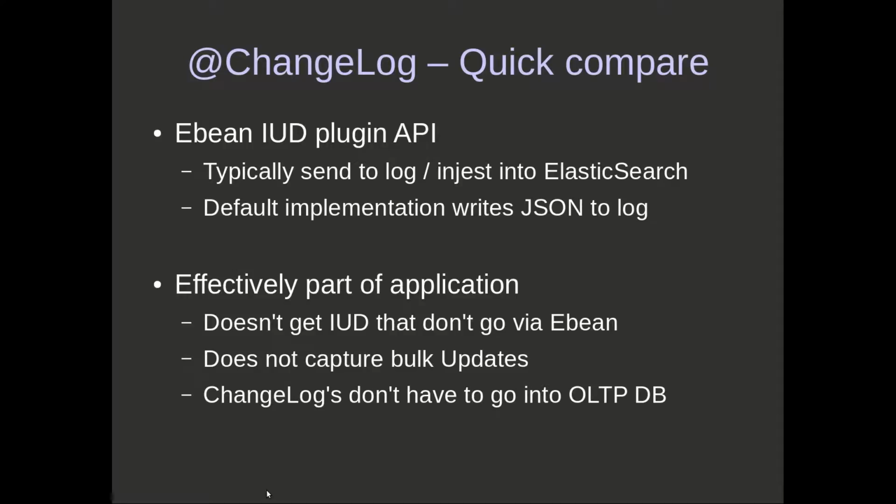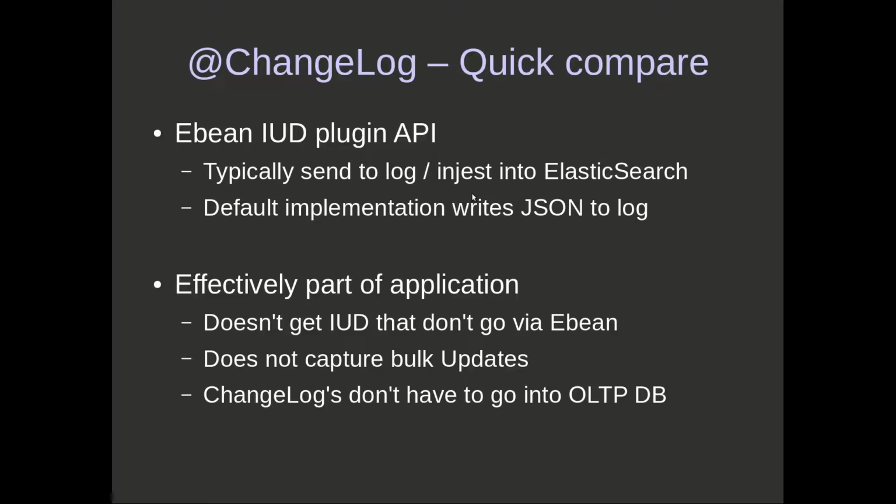So the last thing I wanted to do is a quick comparison to changelog. So Ebean also has @changelog, which is quite a different thing, really. What that is doing is it's an Ebean insert update delete plugin, effectively. So it's capturing the inserts, updates and deletes that Ebean's doing. And typically these are sent as a log in JSON form, and you could probably ingest them into Elasticsearch.